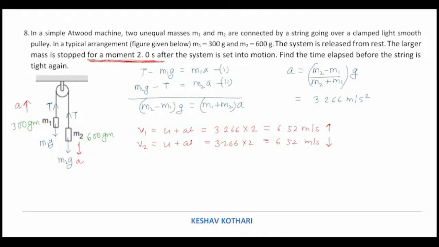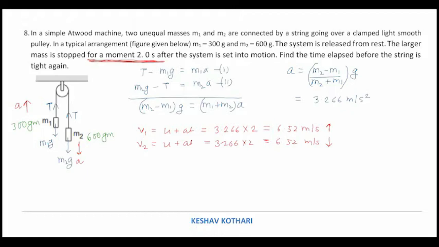Now the question says at t equal to 2 seconds, m2 stops for a moment. If m2 stops for a moment, m1 will continue to move upward with a velocity of 6.52 meter per second, and it will continue to move until its final velocity becomes 0. So it will be moving as if it is in a state of free fall. This is because the tension will cease to act.